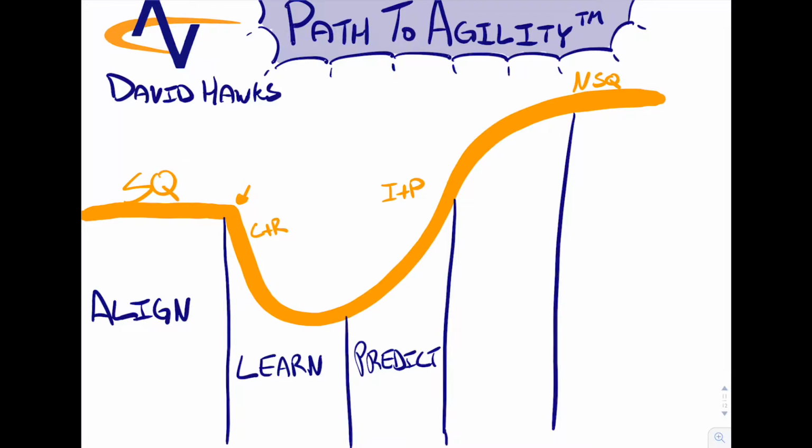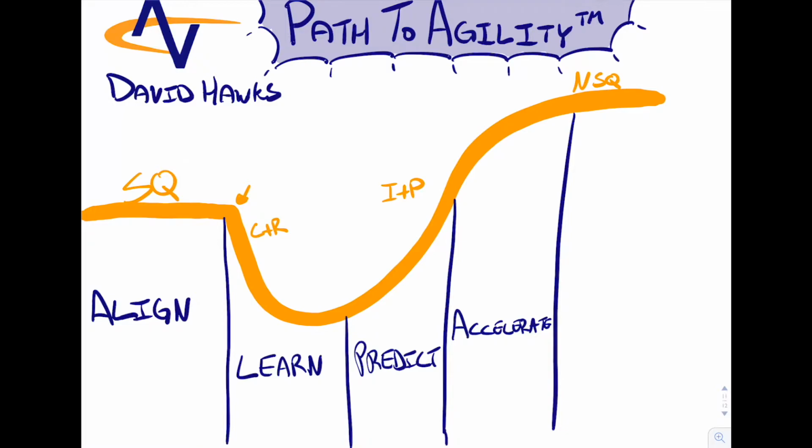Now we put predict before our next stage, which is accelerate, and the idea is that we've got to get predictable before we can start going faster, because we can't tune something we can't measure, right? So if we're not very predictable and we say go faster, we're just going to be all over the place. So the first thing we need to do is get a predictable cadence, and then once we have that cadence, then we can start tuning the engine.